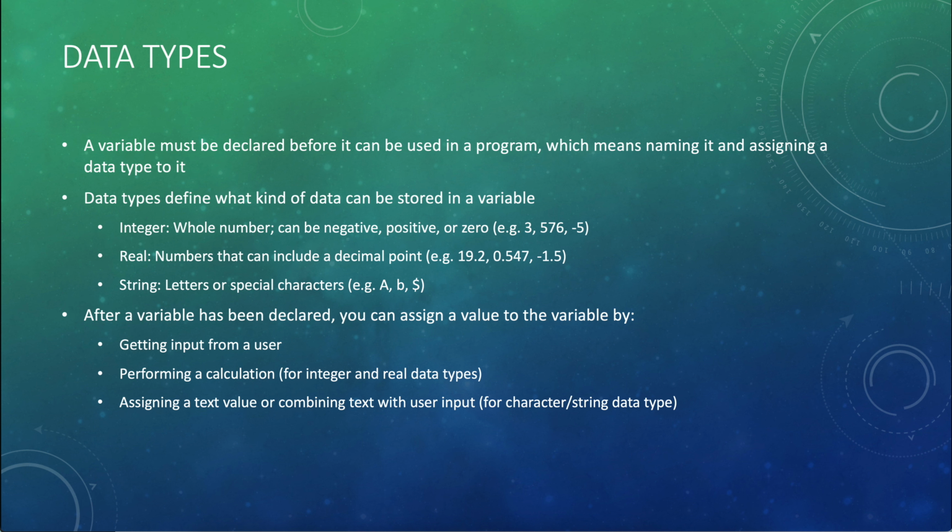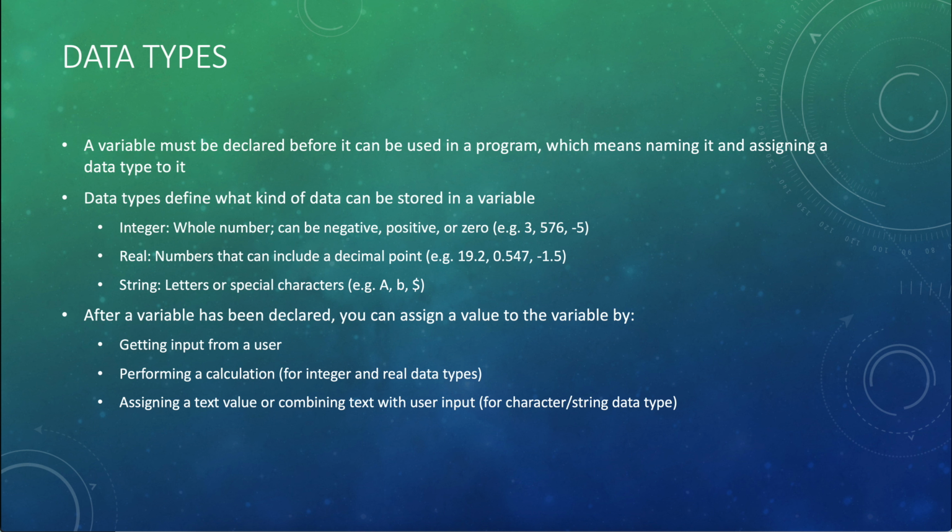Once you declare a variable, you can assign a value to it 3 different ways. You can get input from a user, so have the user type something in. You can perform a calculation for integer and real data types. So again, with numbers, you can create a variable, a container for data, and you can calculate a value using other variables that already have values stored in them.